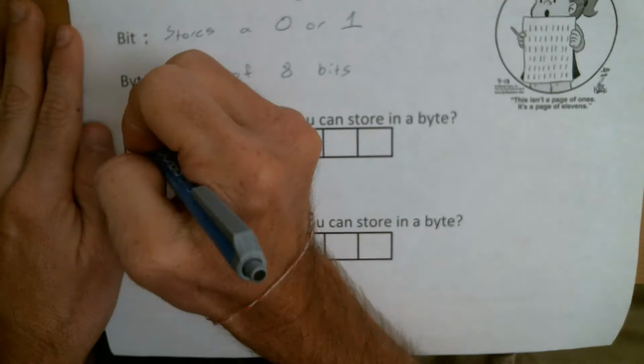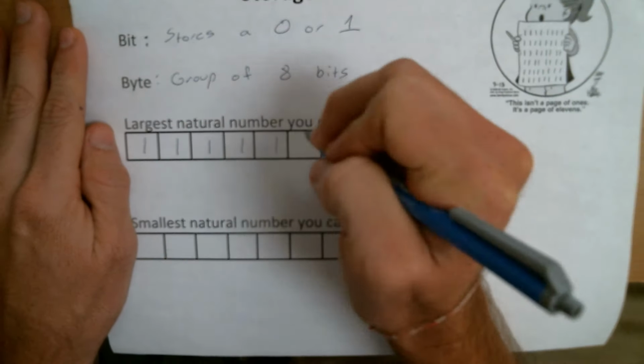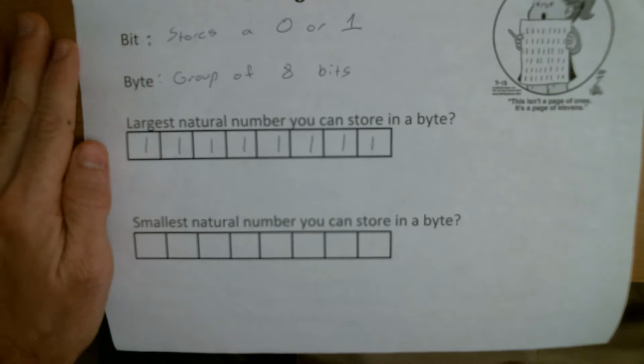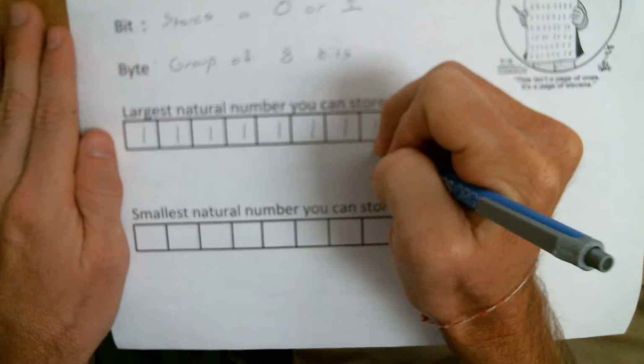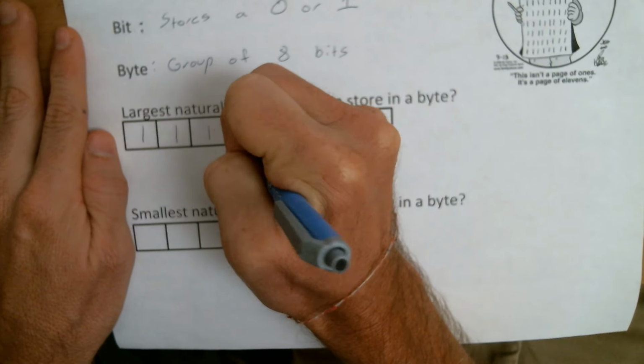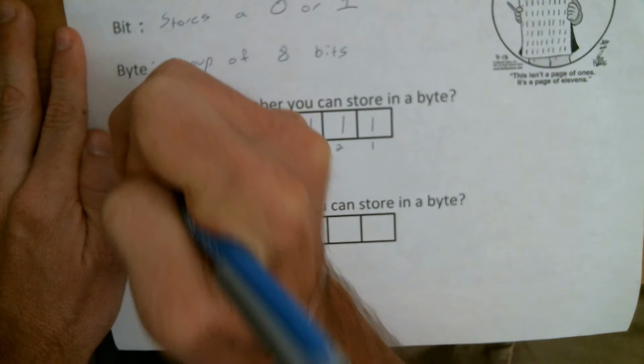So if you are trying to store a number on a computer and you have 1 byte to hold that number, the largest number you could store would be 1, 1, 1, 1, 1, 1, 1, 1. Because again, computers only work in binary. If we're going through our powers of 2, this is 1, 2, 4, 8, 16, 32, 64, 128.